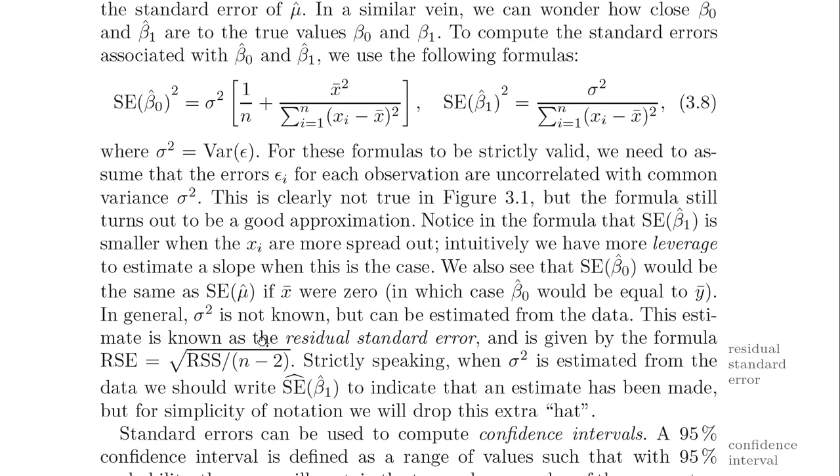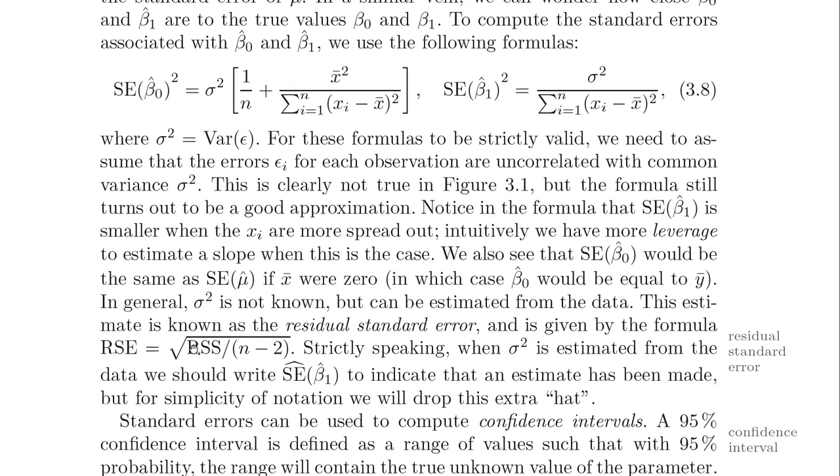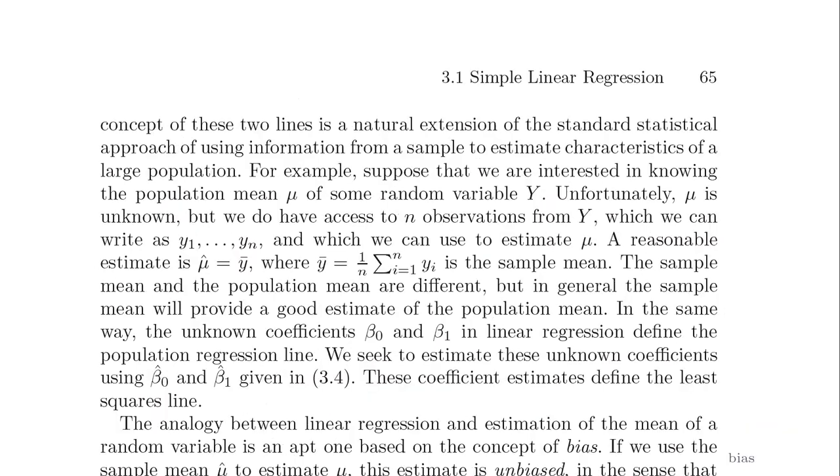This estimate is known as the residual standard error and is given by the formula RSS, which is the residual sum of squares.